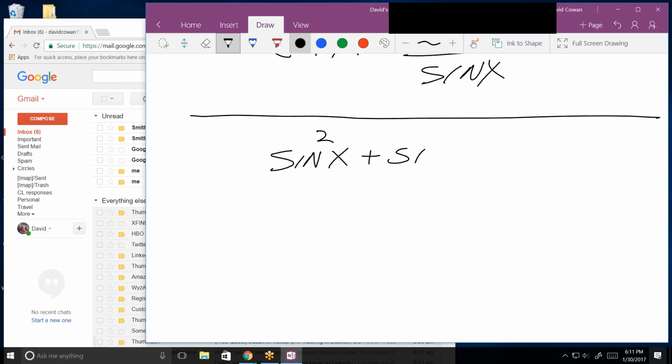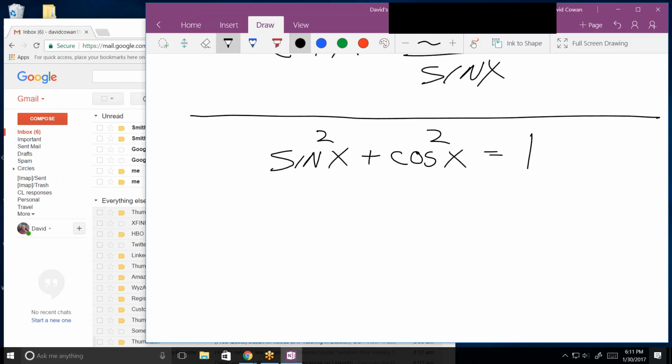This is the one they teach you first. Any idea what that's equal to? Always 1.